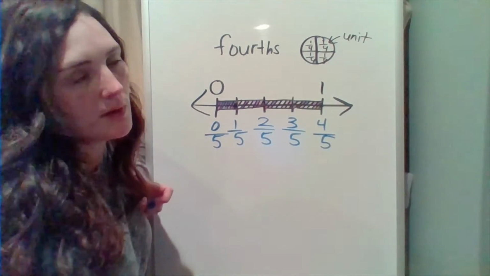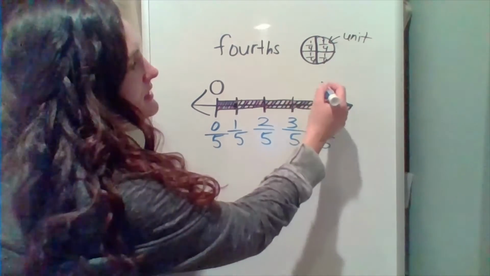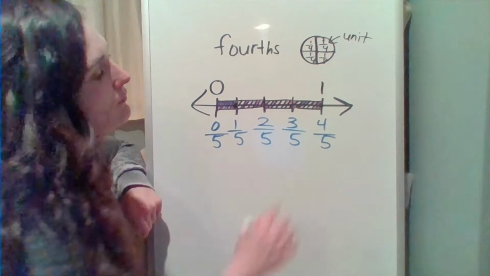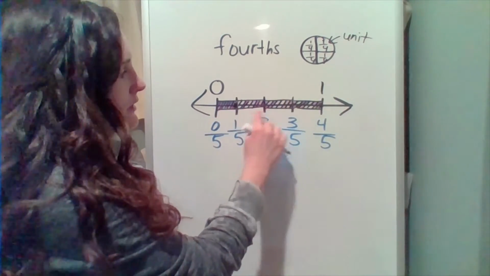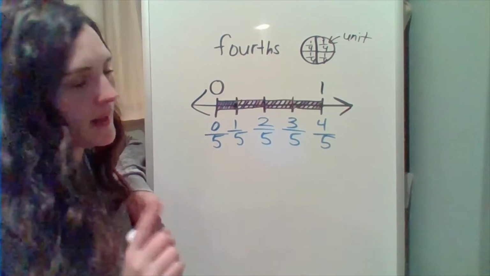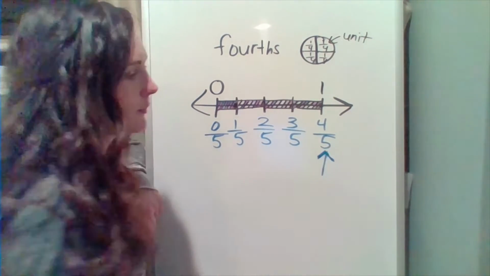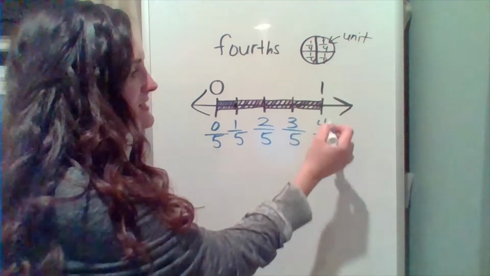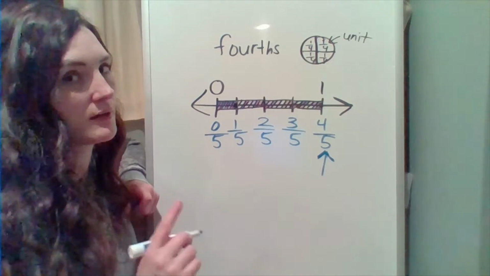Here's a way that you can check to make sure that you're labeling it correctly. Since this is one whole, and my one whole has 4 equal parts, when I get to this final fraction on my number line, 1 is not the same as 4 fifths. Here's how you know if you did it correctly.